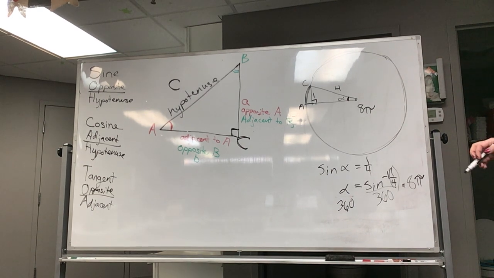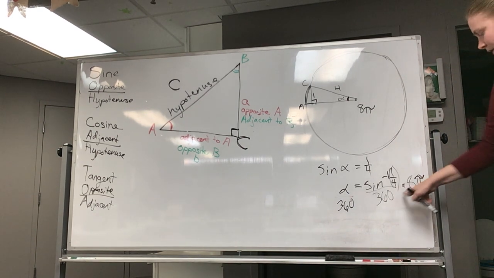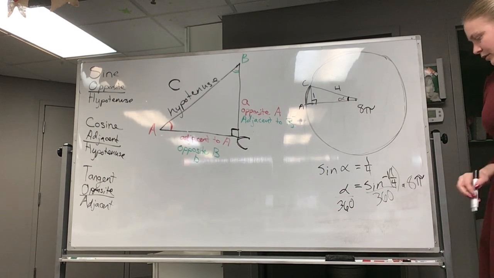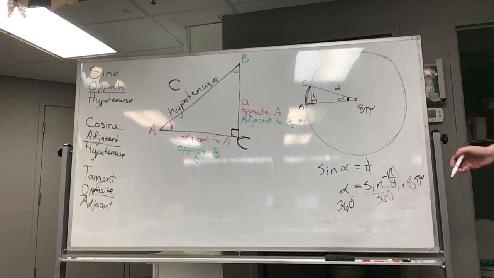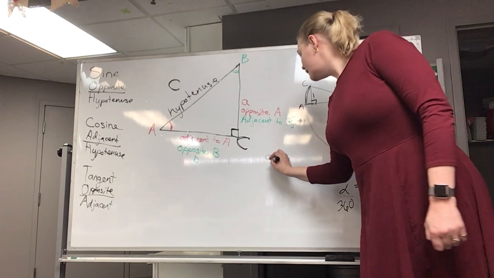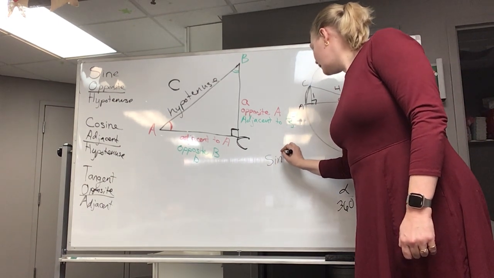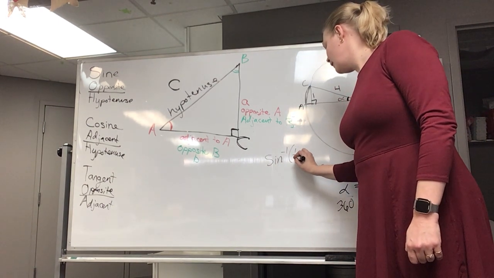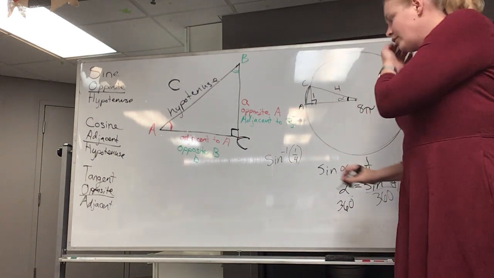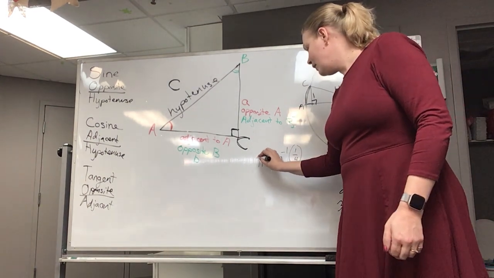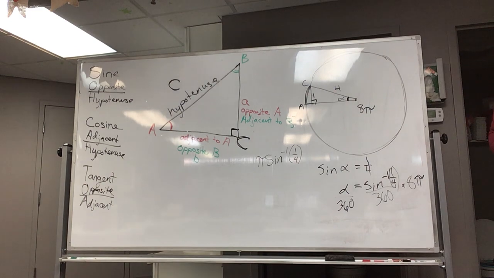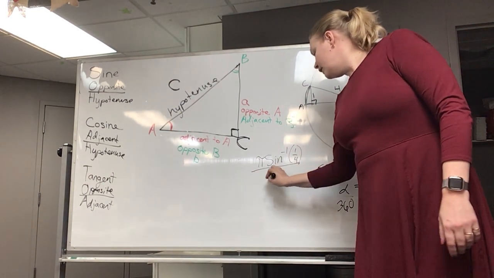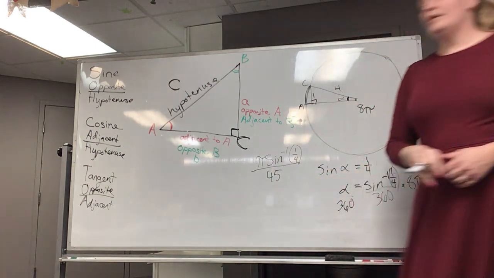I'll double check what was going on there. So 360 divided by 8 is 45, so this reduces down to 1/45. And so we have sine inverse of 1/4. And traditionally pi is stuck out here at the front, so it's really obvious that it's not part of the sine. And then all of it over 45.